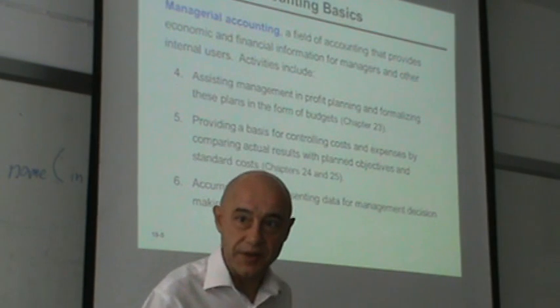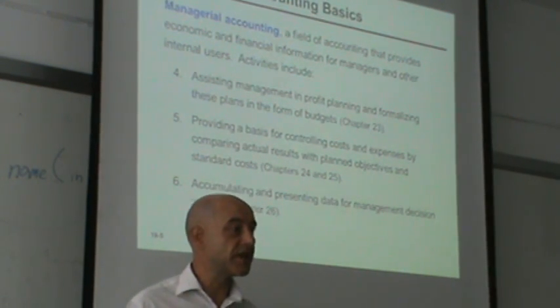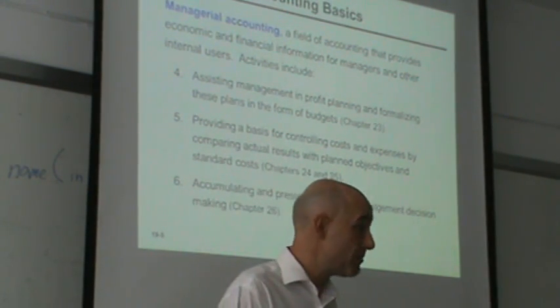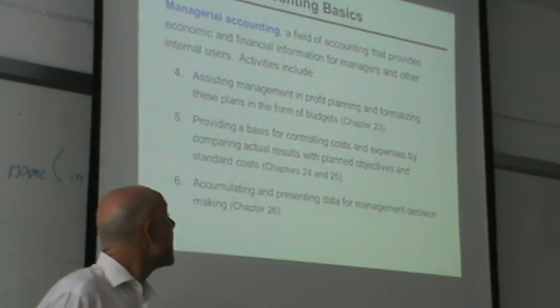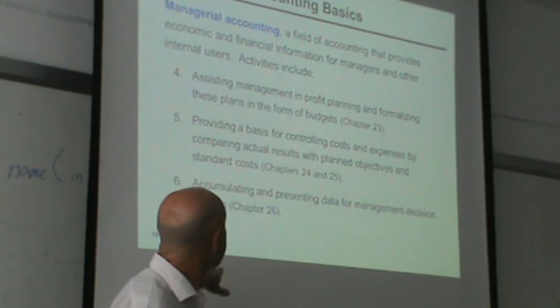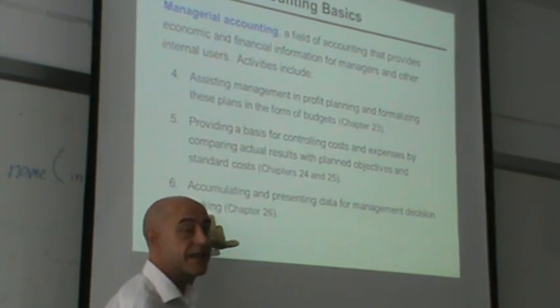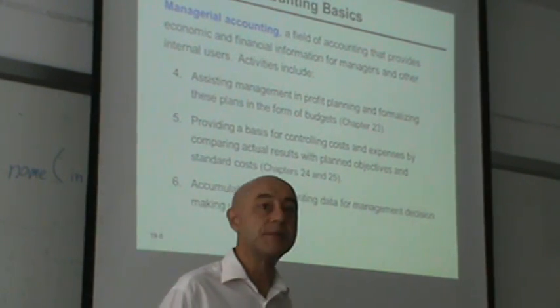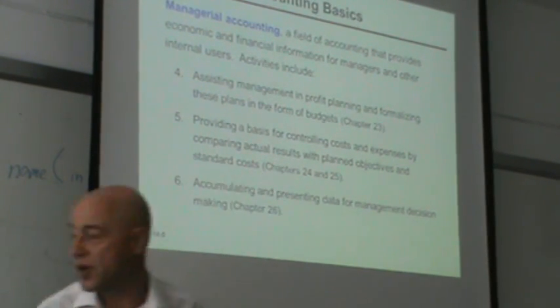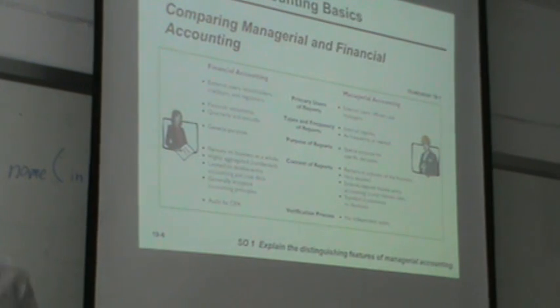Same as you: if you spend too much, at the end of the month you run out of money. If you're a business, you can't run out of money. And the whole idea is data for making decisions. It's all about making good, proper business decisions.